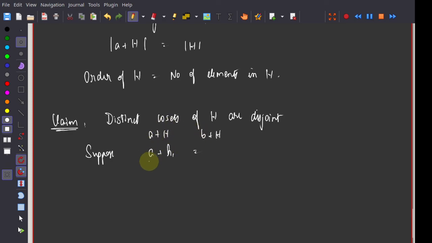So suppose that there is some intersection, A plus H1 equal to B plus H2, where H1 and H2 are in H. Then A should be equal to B plus H2 minus H1, correct? So A is equal to B plus some H prime, where H2 minus H1 is also in H.